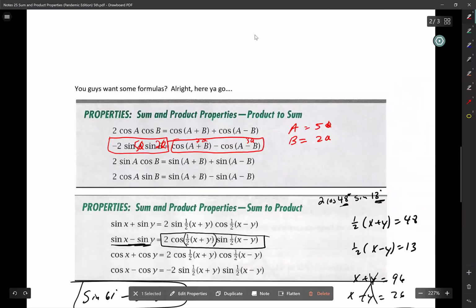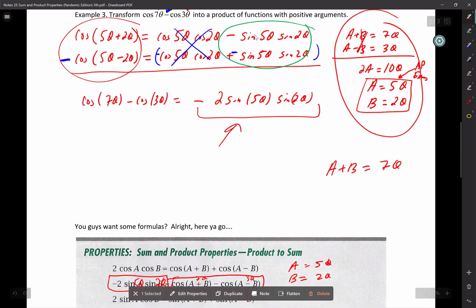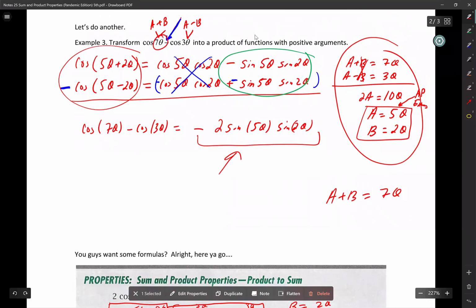Oh, I made a system of equations, and I said that I know that A plus B must be 7 theta. That's from the big one here, the 7 theta here. And then I know that the smaller number is always the A minus B. So I said A minus B must be 3 theta. It cannot be anything else.